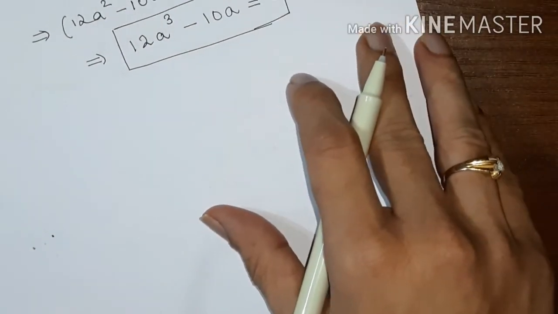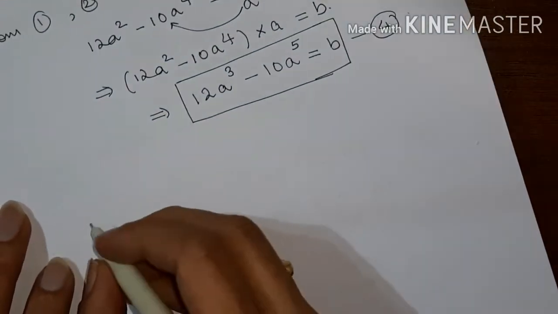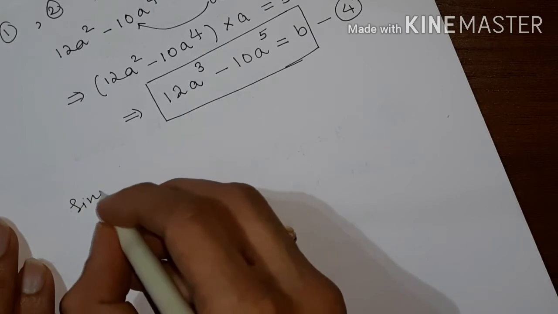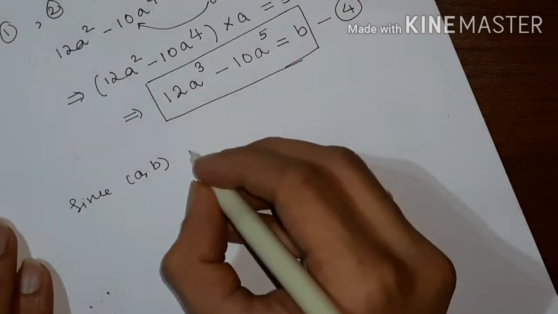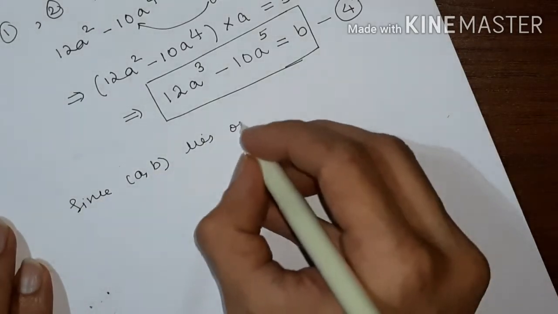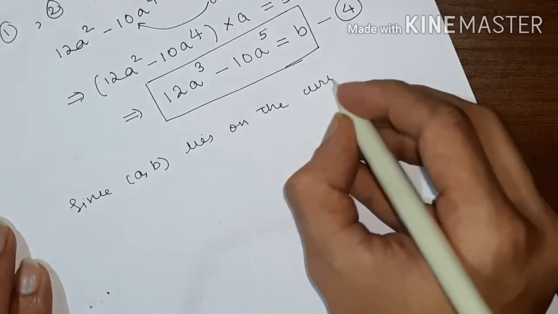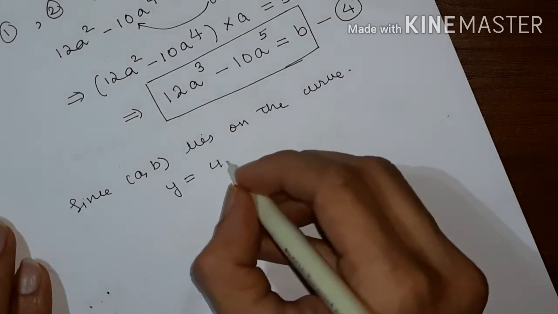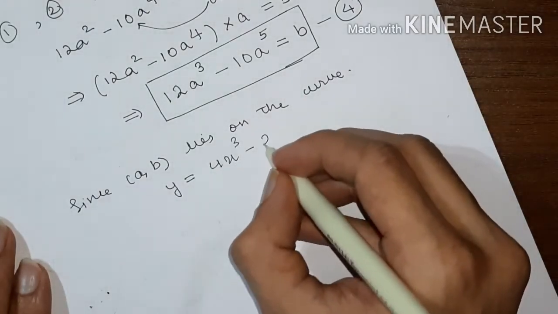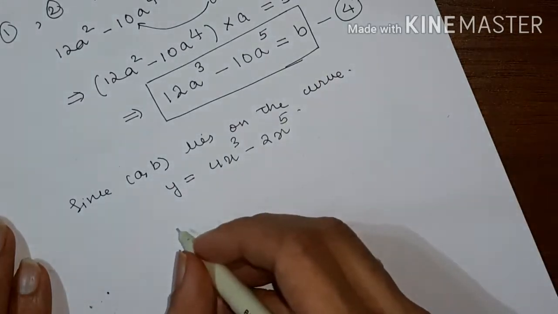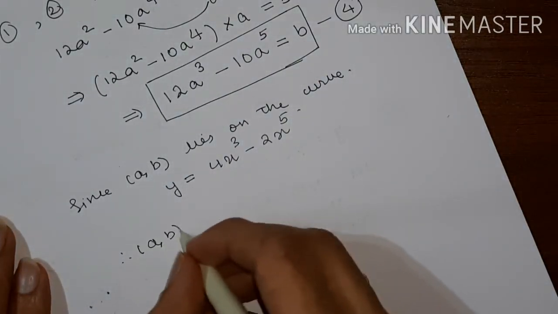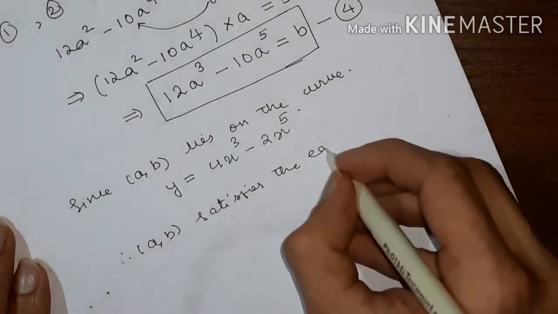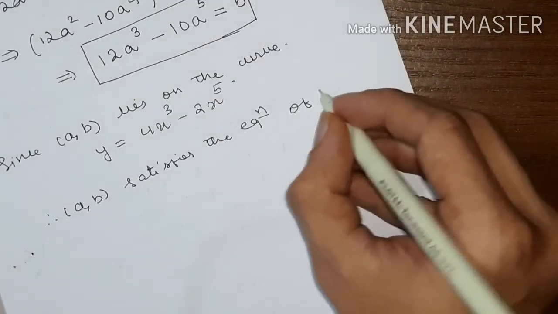What condition can we use to find one more equation? Since this point (a, b) lies on the curve y equal to 4x³ minus 2x⁵, the point (a, b) satisfies the equation of the curve.